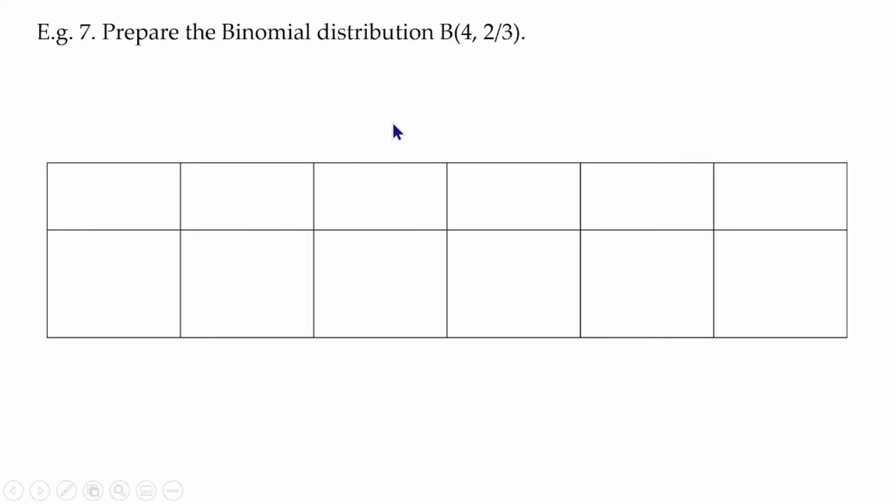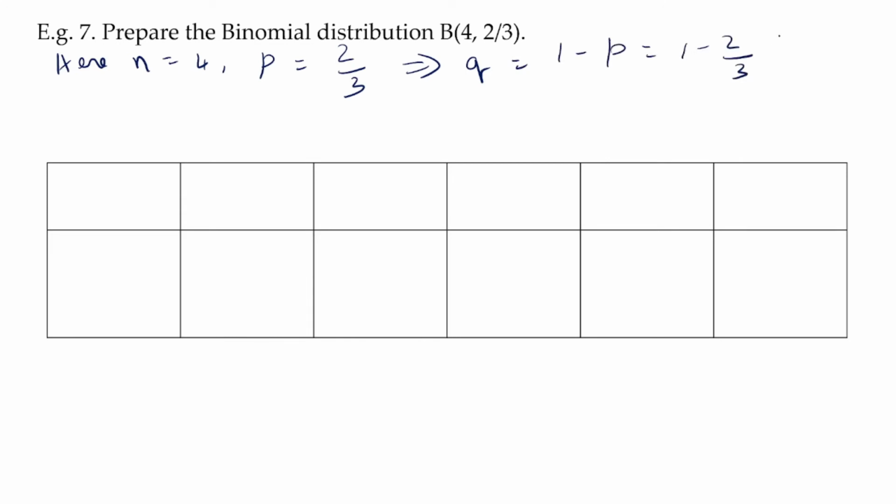Prepare the binomial distribution b(4, 2/3). Here the number of trials n is equal to 4 and the probability of success p is equal to 2/3. From this we can find q is equal to 1 minus p, which is 1 minus 2/3.